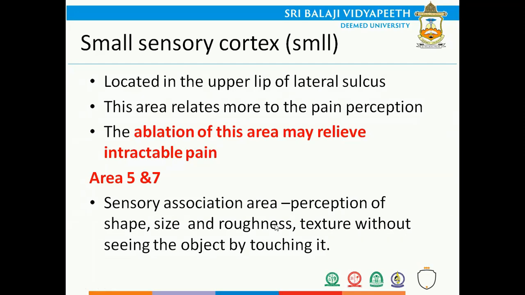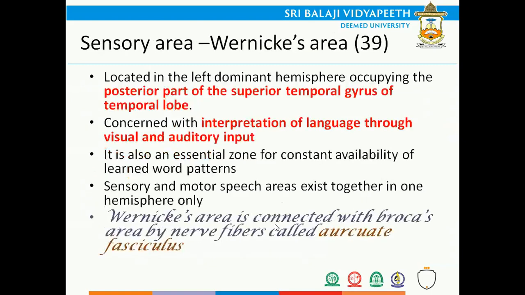They touch the object, and Braille itself is completely based on touch receptors. Based on touching the texture, the size, and the shape of the object, they are able to identify what object it is even without seeing it. So that perception is the perception of the object. That is by areas 5 and 7.